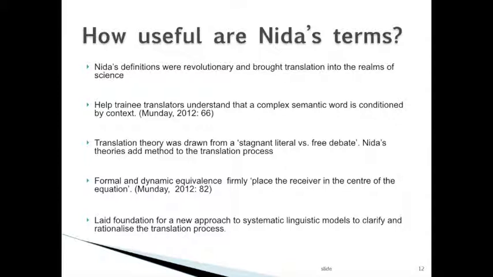In addition, the definitions of formal and dynamic equivalence helped translators to understand that a complex semantic word is conditioned by context, and it placed the receiver firmly in the center of the equation and laid the foundations for a new systematic linguistic suite of models to clarify and rationalize the translation process.